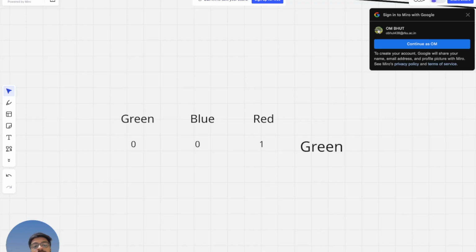If we want to tell the computer that we need green color, how we will say is 0, 0, 1.